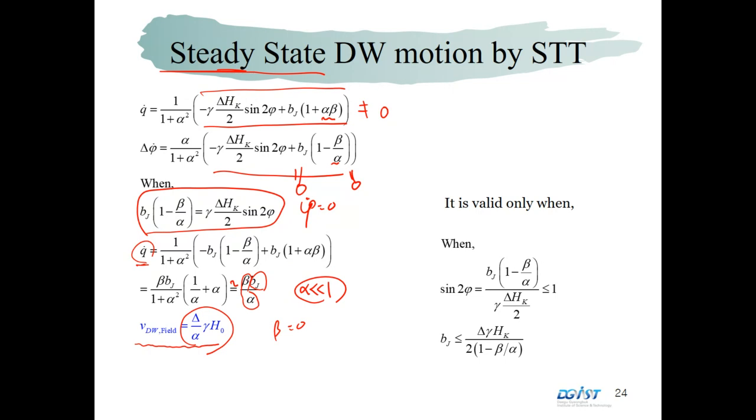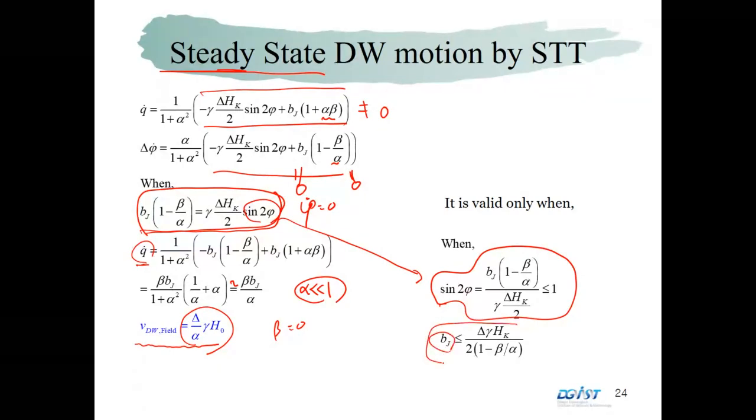This result is valid only when, in this relation, sin 2φ should be smaller than 1. So we can simply obtain this relation: when Bj, the current density, is smaller than this one, we can obtain the steady state domain wall motion.